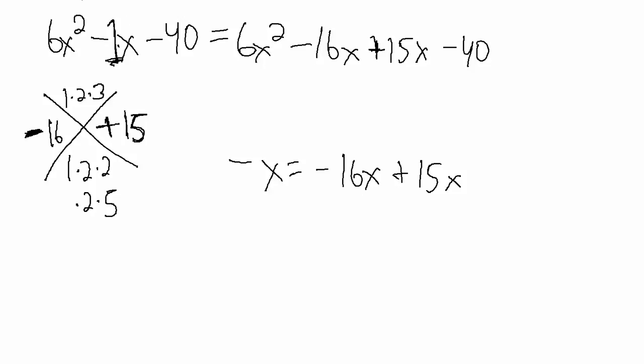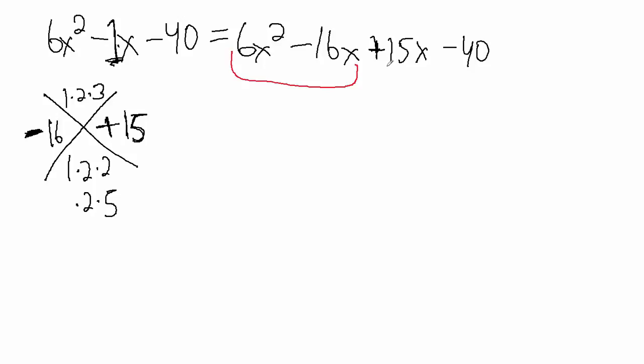Okay, so let's go ahead and erase this here. Now again, just like before, so the process is really the same, we're going to factor by grouping. So group these two together, group these two together, and separately factor using the greatest common factor method.